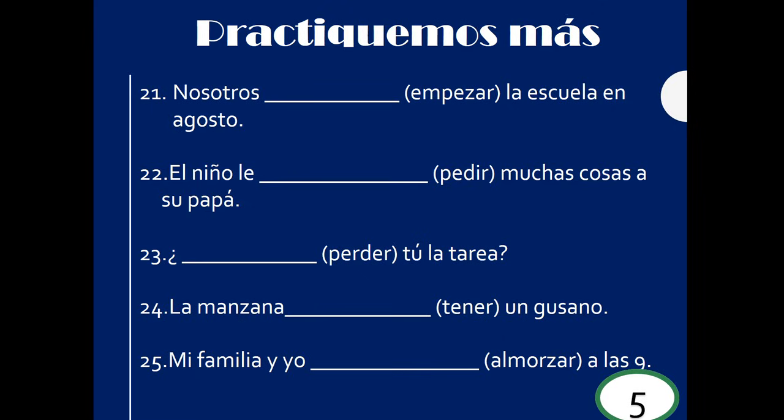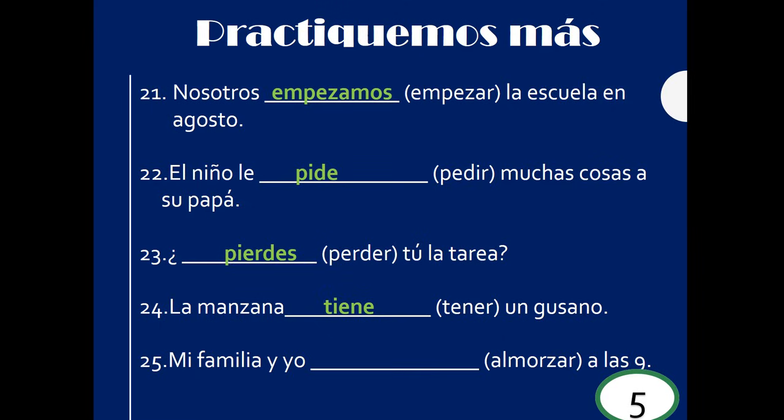Okay, 21 through 25. Again, pause as long as you need. I'm just going to count to 3. Okay, 21. Nosotros empezamos la escuela en agosto. El niño le pide muchas cosas a su papá. ¿Pierdes tú la tarea?